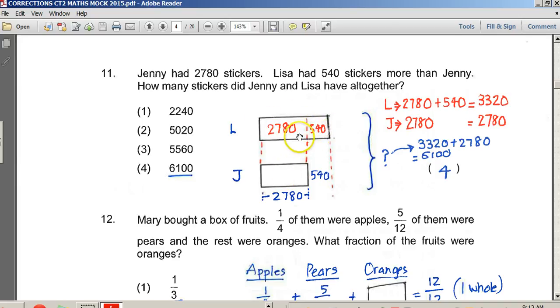This portion belongs to Jenny, the same size, and Lisa is these two together. So how many stickers did Jenny and Lisa have altogether? It means this, take this 2 plus this bottom, you should be able to get 6100. The question is altogether, asking for both of them.